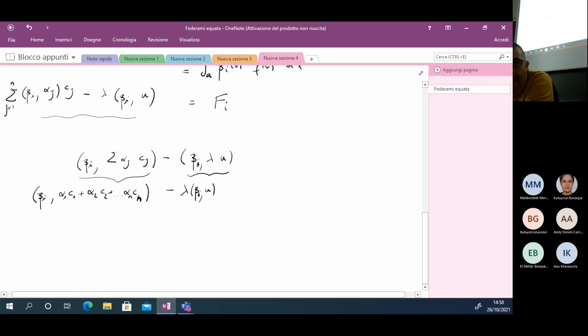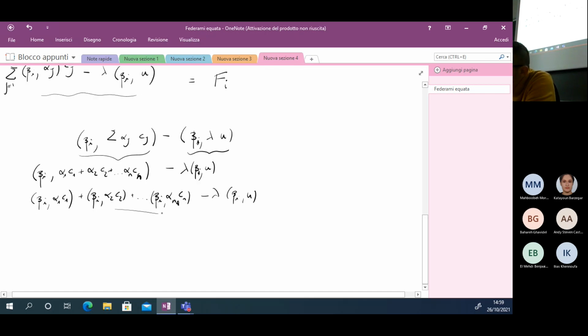So if I use linearity again, I can write this object as the inner product of beta I with alpha 1 C1, plus beta I with alpha 2 C2, plus and so on until beta I with alpha n Cn. And then I have minus lambda beta I.